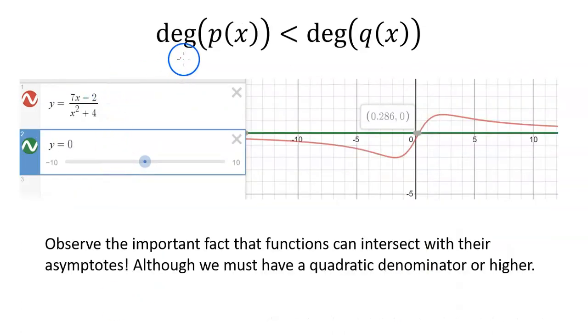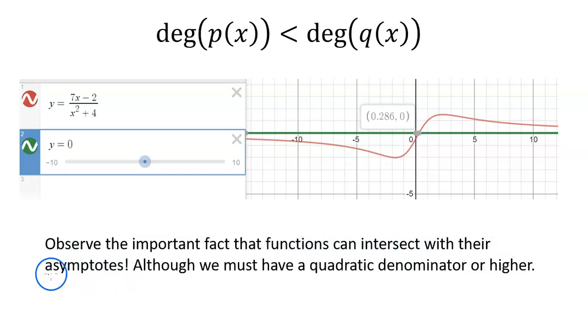And here we have an example where the degree of p of x is strictly less than the degree of q of x. And then we know from the previous working that y equals 0 is going to be a horizontal asymptote for this function. And this is a good example because we can observe a very important fact here, that functions can intersect with their asymptotes.